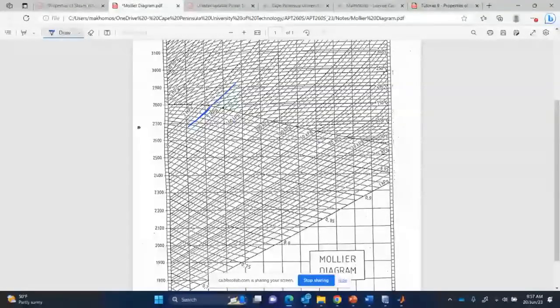1.4 pressure line, right? And then we are told that the steam is dry saturated, which means the intersection of the pressure line and this line here is where we are. Then you take a ruler and draw a line from that intersection to your left.